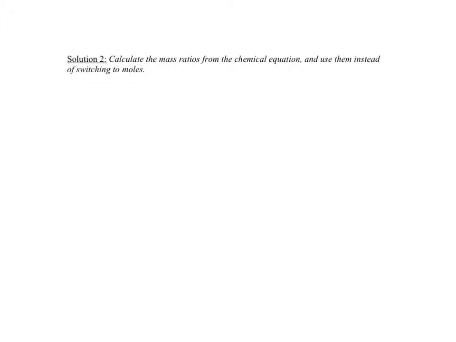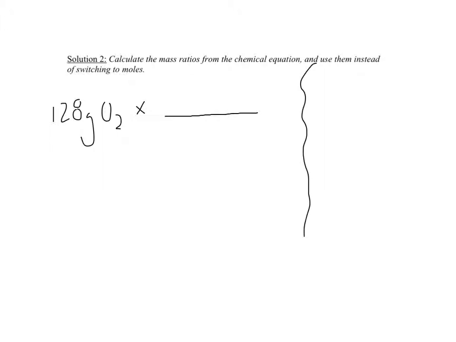There's another way to think about this. You can also do it this way. You can take 128 grams of O2 and now compare the mass ratios. So what you can do off to the side is look at your chemical equation and know that you have 4 moles of NH3.